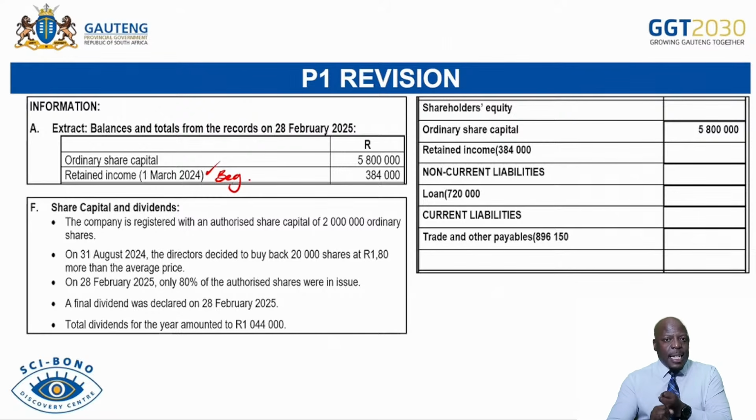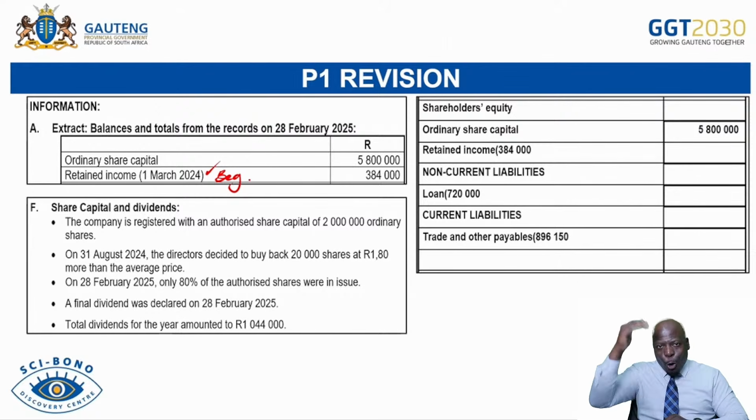Then there's the retained income at the end of the year. Then there's the retained income after the repurchase of shares. You have to know these 3 types, especially if you're required to do a retained income note, because you would treat them differently.